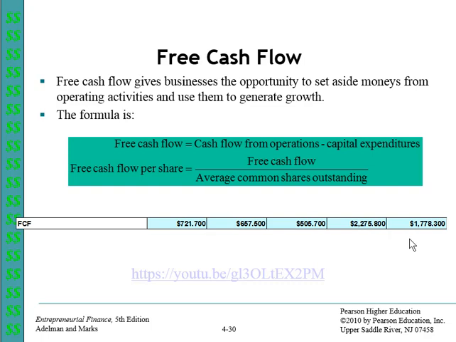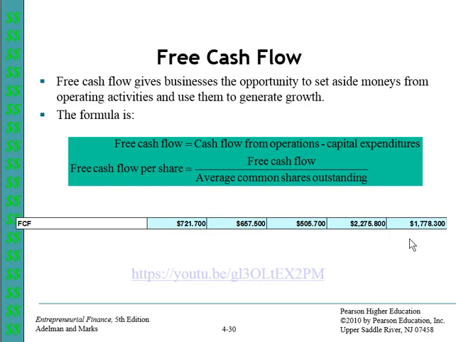So what is free cash flow? We've talked about this in some other videos. Free cash flow is the amount of money left over after the business has done everything they want to do this year. There's still money left over, and this money is available to make payments to the investors.